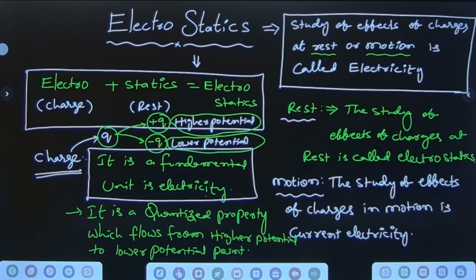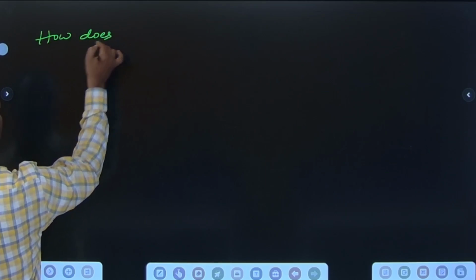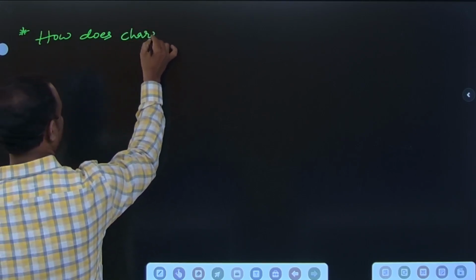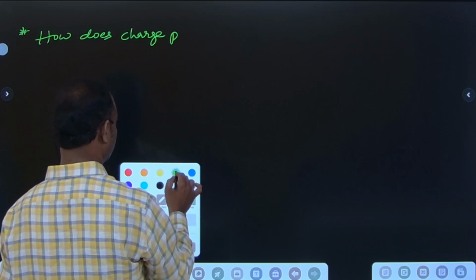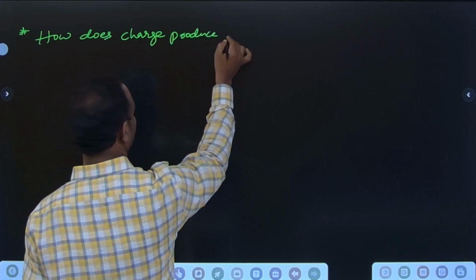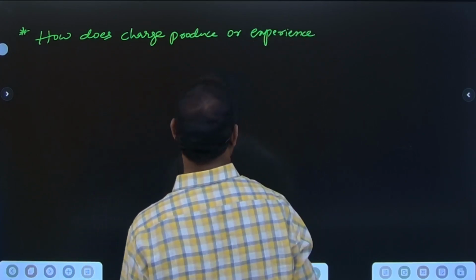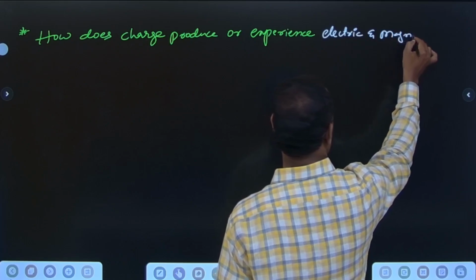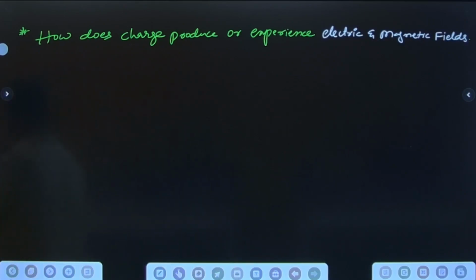Now the question is: how does a charge produce or experience electric and magnetic fields?